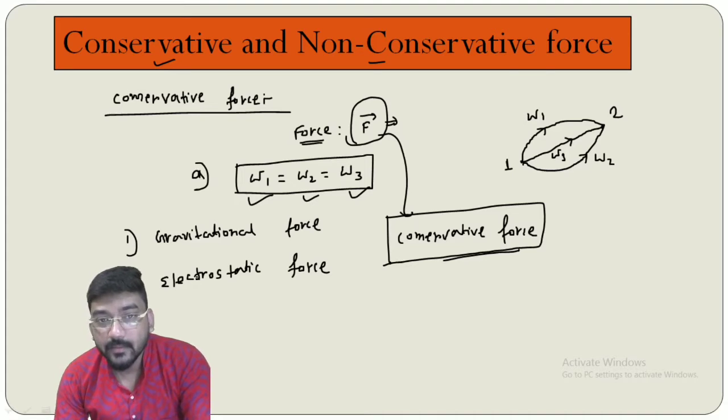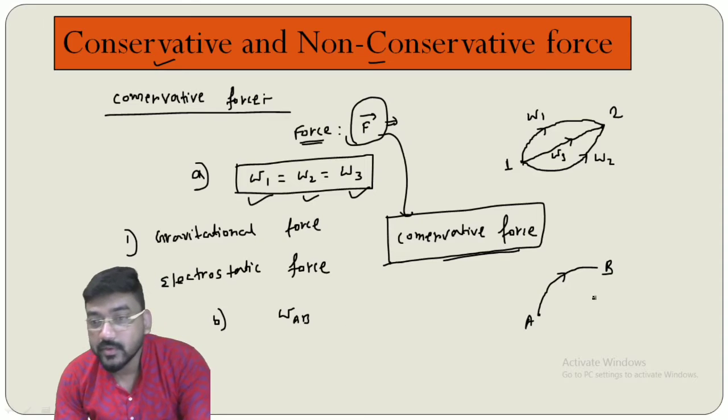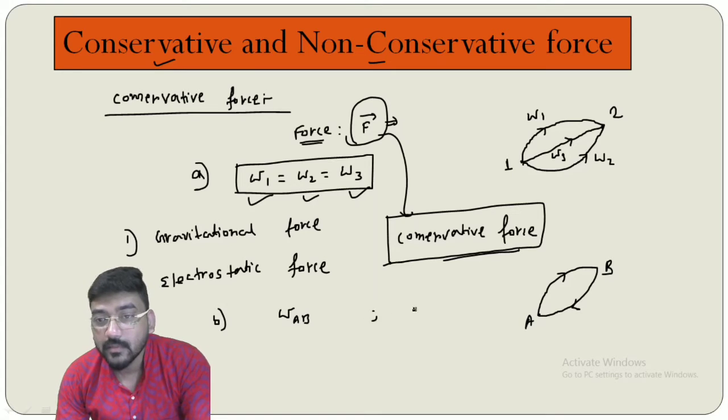And the second property, which follows from this property, is this: if you take a path from A to B, the work done along this path is WAB. Now if you take another path from B to A, you will have the work done WBA. Now the direction is different.